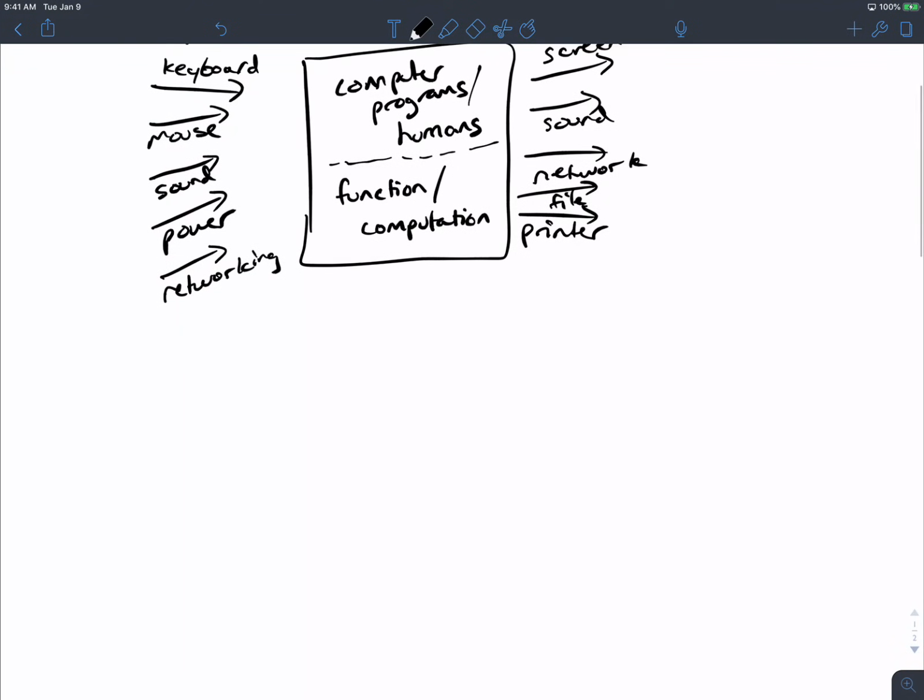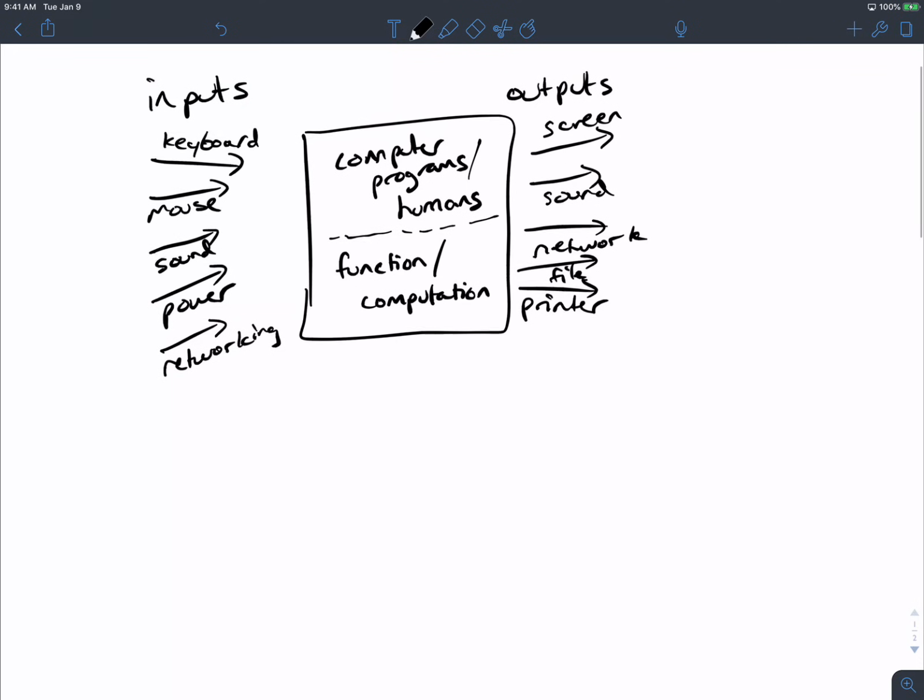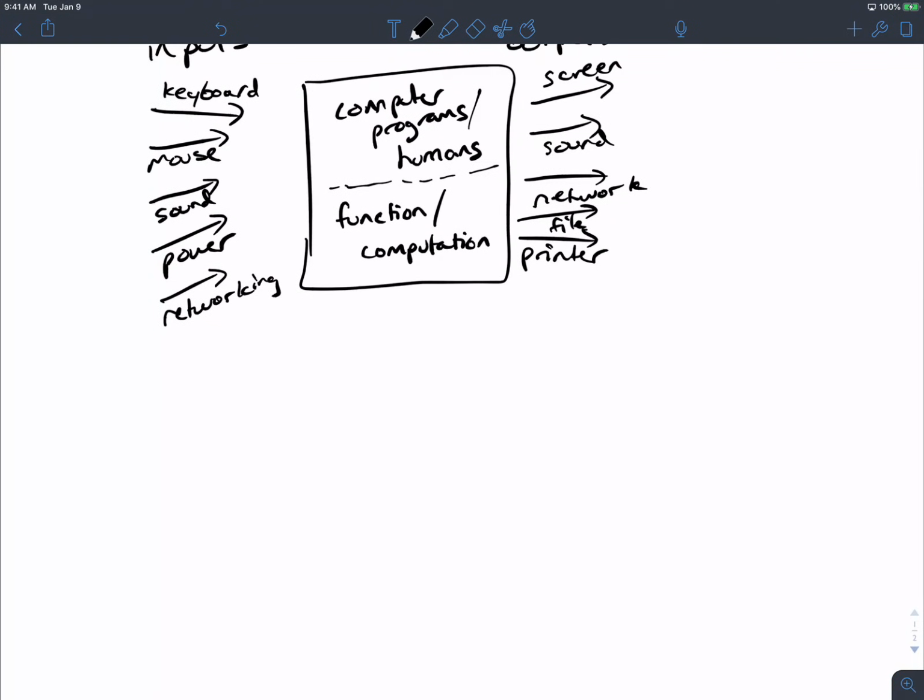So I'll actually show you a way that you can show that I don't need 10 inputs. I can just match them all up into one gigantic input and then to one gigantic output. So think of it this way. Let's say the keyboard has input values in binary, 0, 1, 1, 0 stuff.